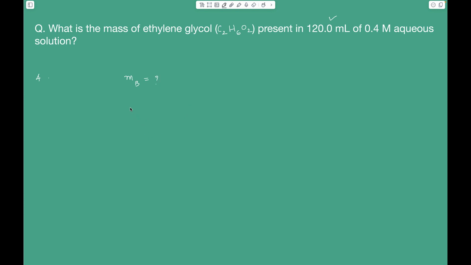And we are given the volume of the solution in milliliters. It is 120 milliliters. And in liters it would be 120 into 10 to the power of minus 3. And we are given the molarity of the solution. It is 0.4 mole per liter.